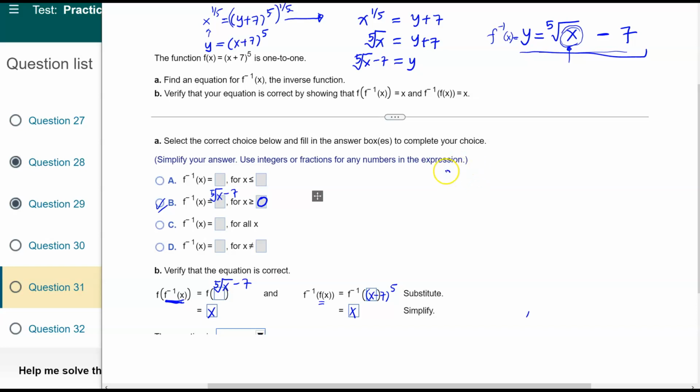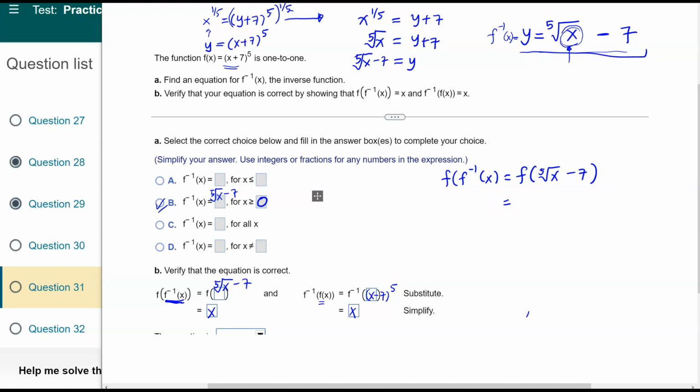So let me show you f of f inverse of x. So this is your f. You would replace the x in f of x by the fifth root of x minus 7.